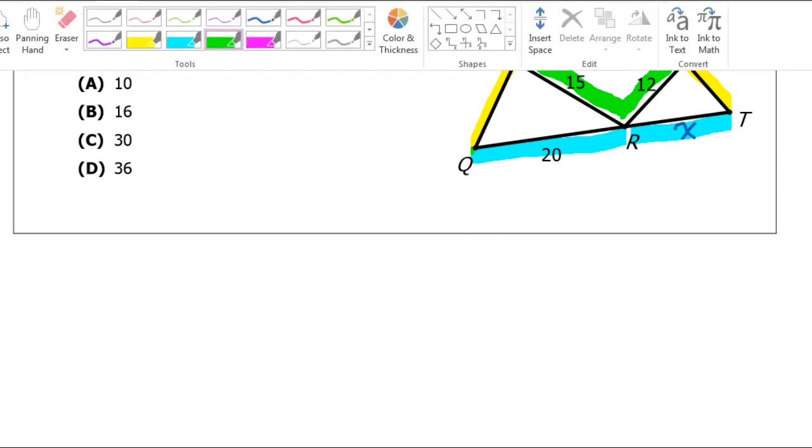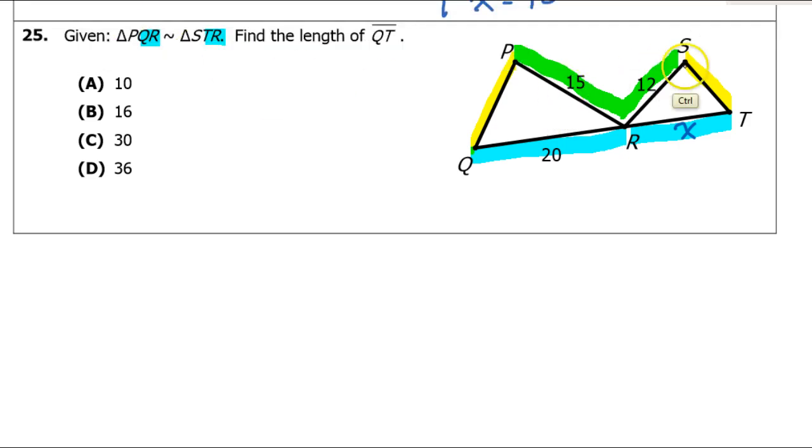So we should now be able to set up a proportion. I'm going to go small over big is equal to small over big. Looking at the blues, small over big would be X over 20. Looking at the greens, that's 12 over 15, small over big.